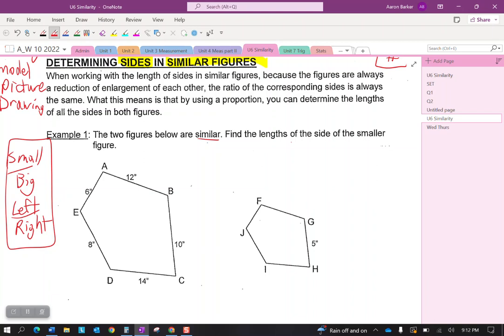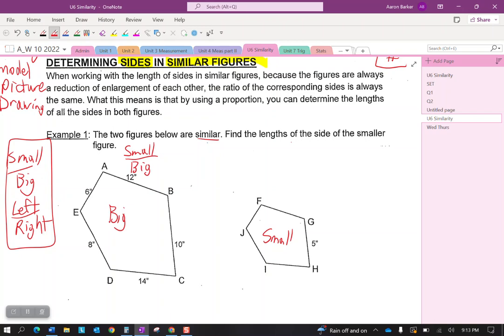For us, though, to make the work a little bit simpler, we'll use the small versus the big. Of course this is the small one, and this is the large one. You actually want to remember which one is which, so you want to write down which one you put on top. We'll put the small numbers on the top and the big numbers on the bottom.